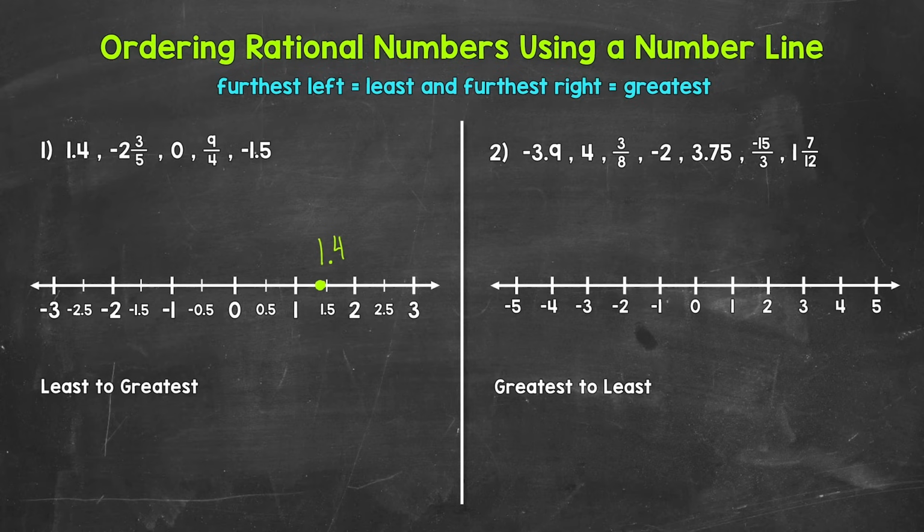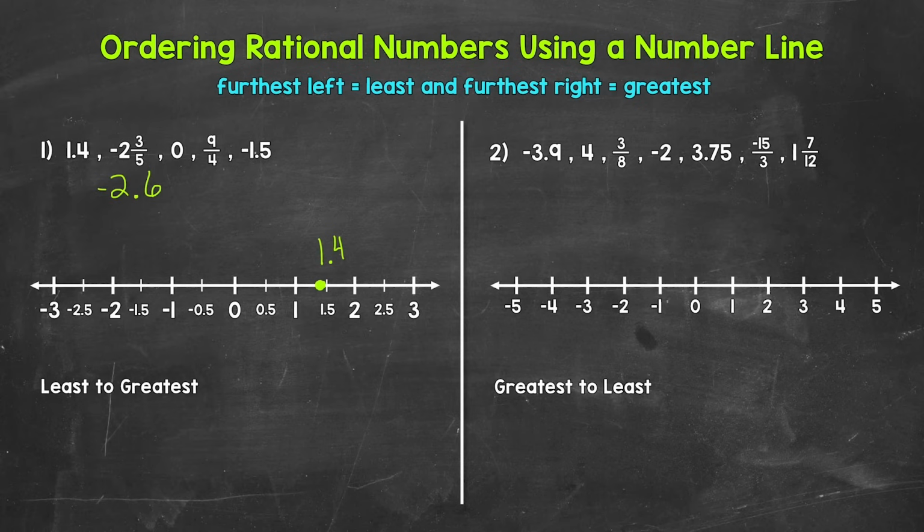Now, negative 2 and 3 fifths equals negative 2 and 6 tenths as a decimal. We divide the numerator 3 by the denominator 5 to get that fraction to a decimal. So top divided by bottom, 3 divided by 5. If you need more help with converting fractions to decimals, check the description for a link to my video on that. Now, as far as the number line, negative 2 and 6 tenths is to the left of 0.